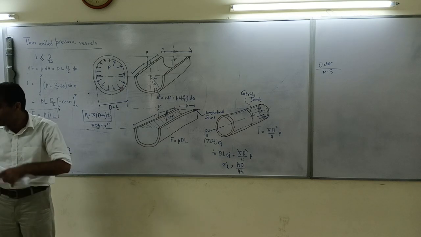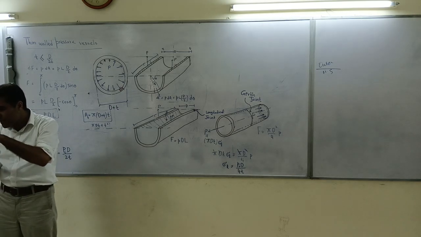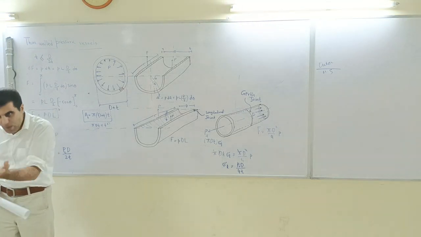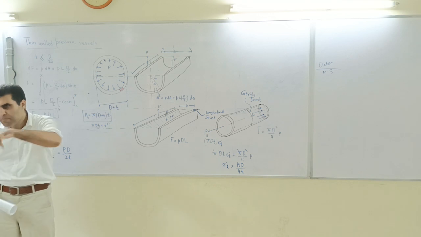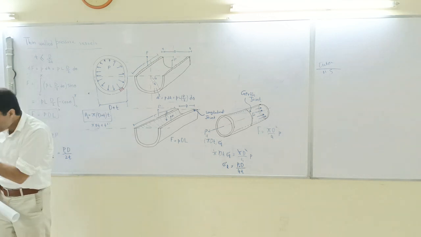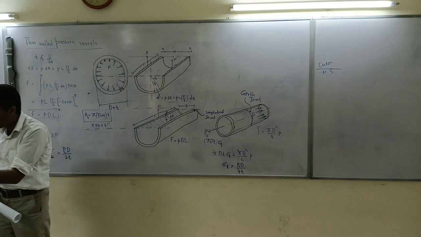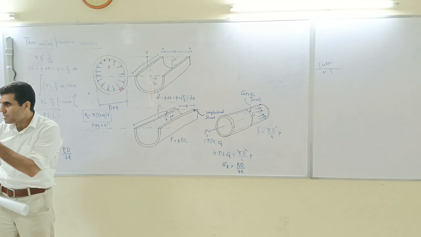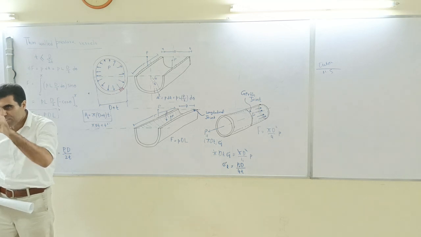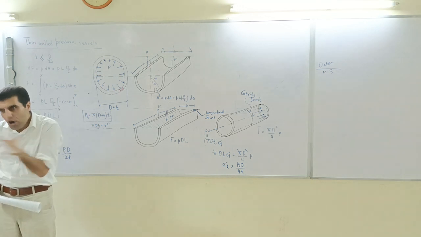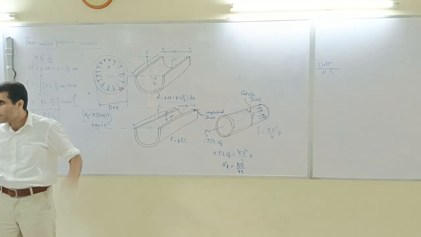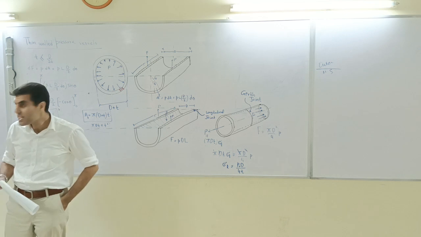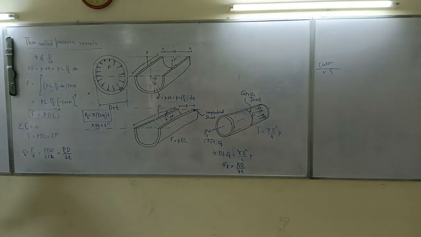And similarly, if you have a weld over here, if you know per unit length how much force that weld can resist, it's similar to a staple. Then you can easily work out the size of the weld, how thick and how long the weld should be, in order to sustain that load. You understand my point?